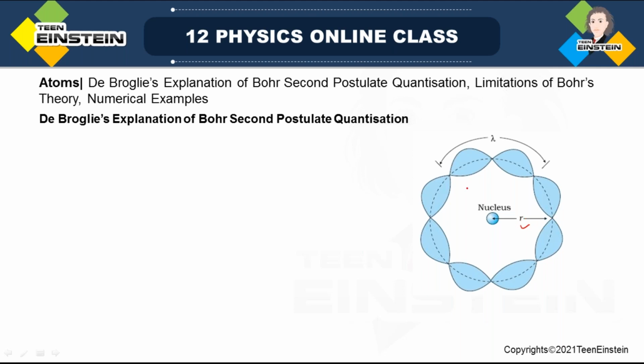This particular orbit will be a stationary orbit only if L, or mvr, where v is the speed of the electron in this orbit, so mvr is the angular momentum in this orbit, becomes an integral multiple of h cross. So this is Bohr's quantization for this particular orbit.